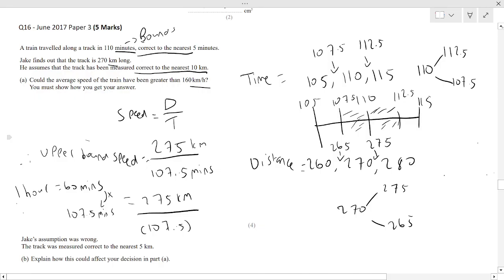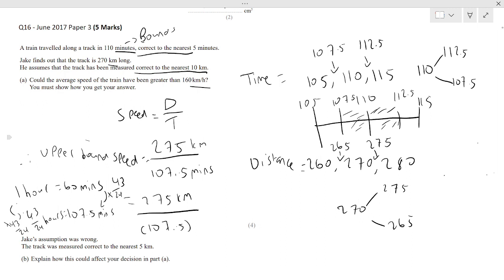It's 43 over 24 as a fraction. So we're going to times by 43 over 24, which is 43 over 24 hours, right? Because 1 times 43 over 24 is 43 over 24. That's the same as minutes, so we can just change this to 43 over 24 hours.